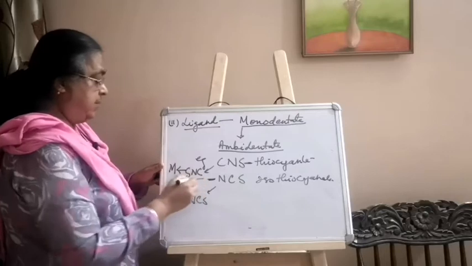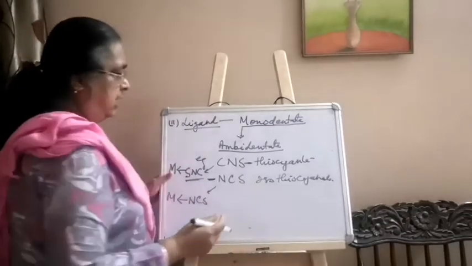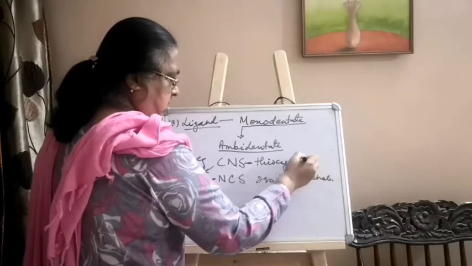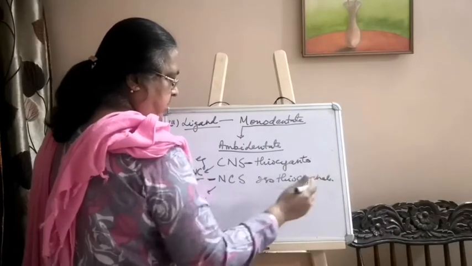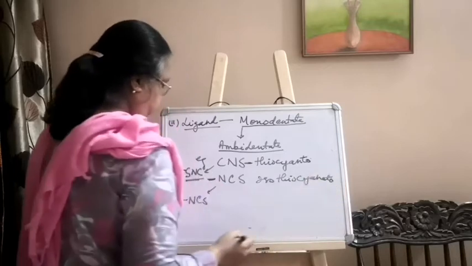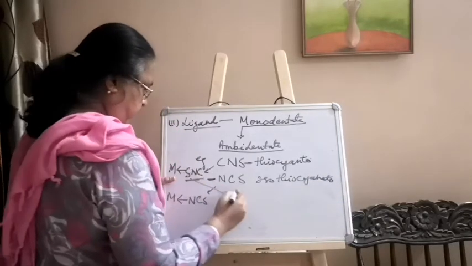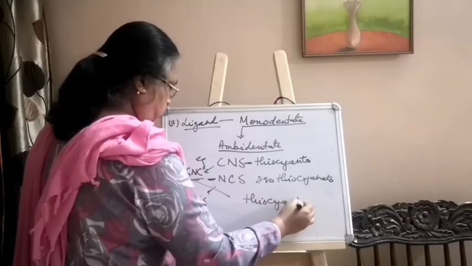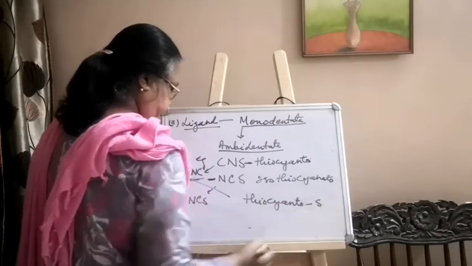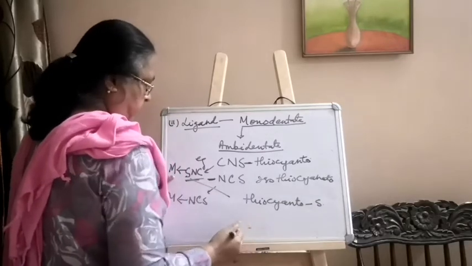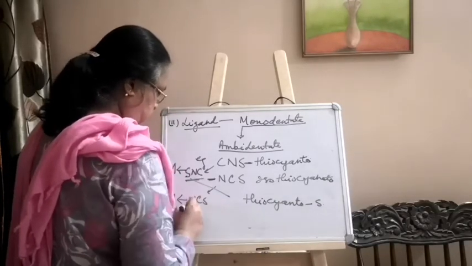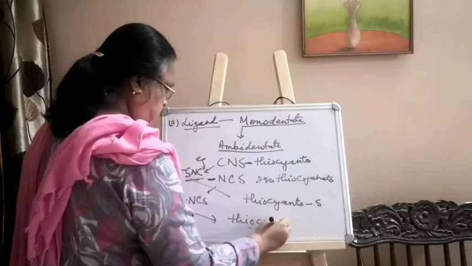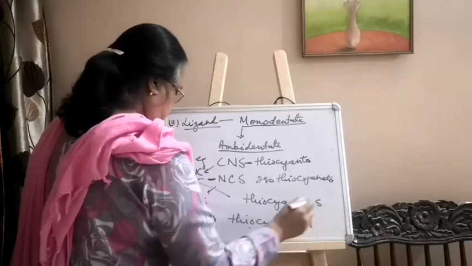So when you name it, you know that when we write a ligand, we don't end the name with E. The E will be replaced by O, so cyanato. So for this, the name will be thiocyanato-S with a hyphen, and in this case the name will be thiocyanato-N.